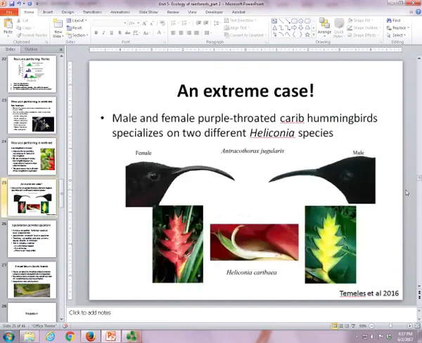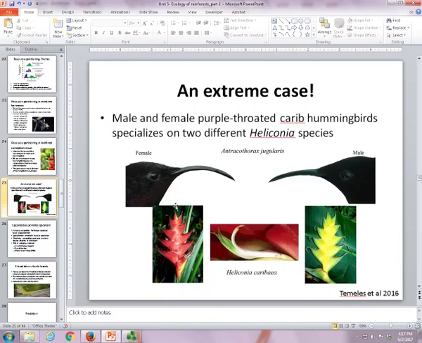And in some extreme cases, males and females are also dividing up the resources. In this case, the purple-throated Carib hummingbirds from the Caribbean, you can see there's distinct morphology of beaks between males and females.